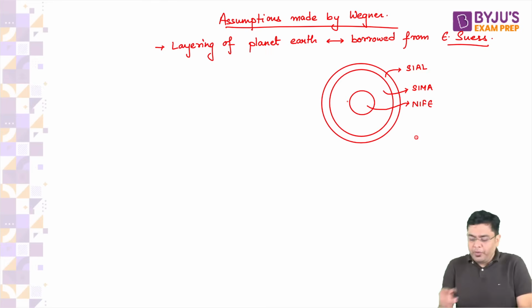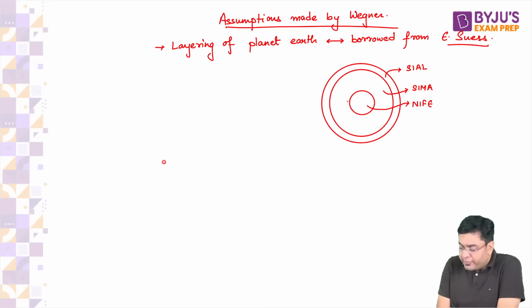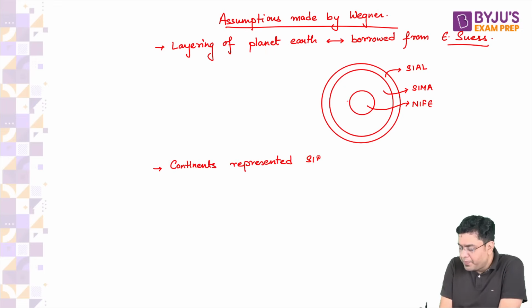Okay, I will write it down for a better understanding as well. So he said continents would represent sial, they would float freely over sima.